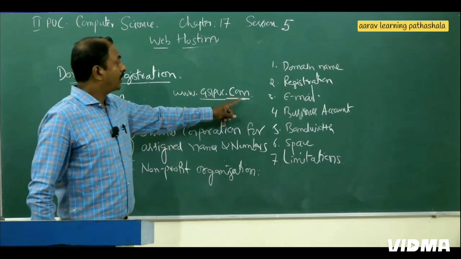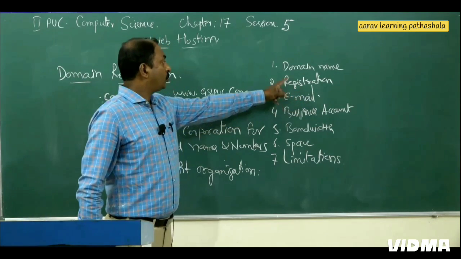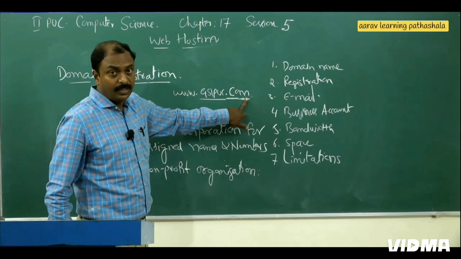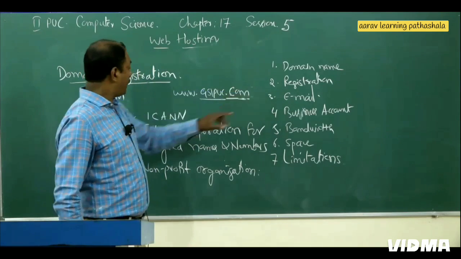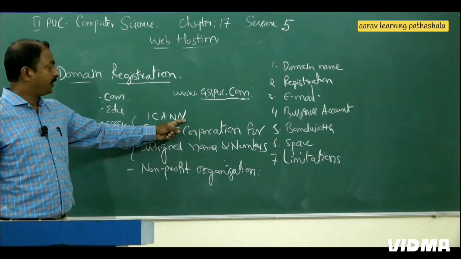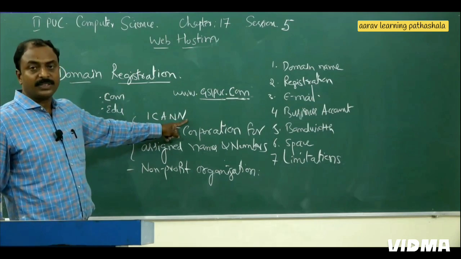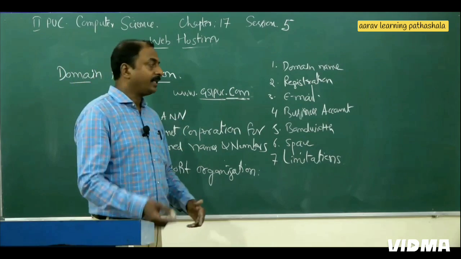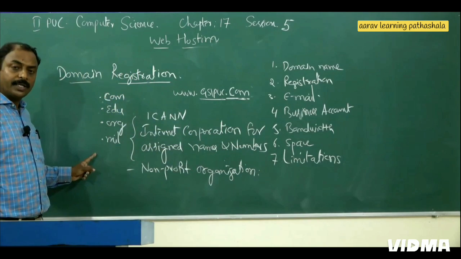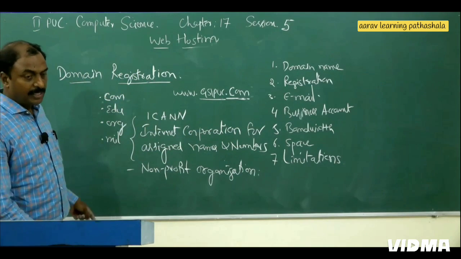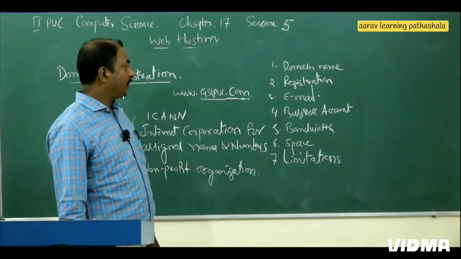And again, .com, this is the domain, this has to be registered, and this will be assigned by this organization, ICANN. They are going to decide the type of domain by looking at the type of service or type of business we are into.